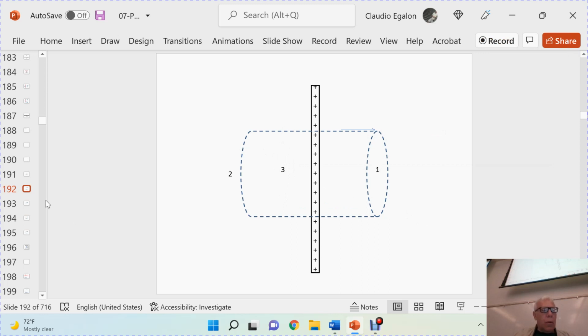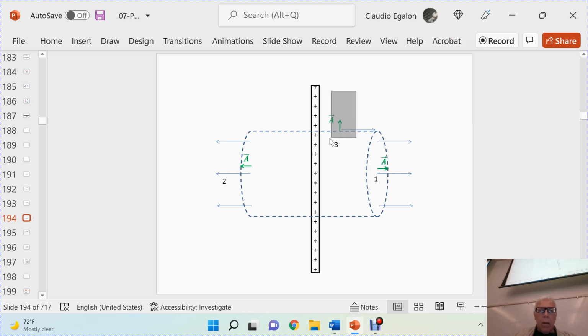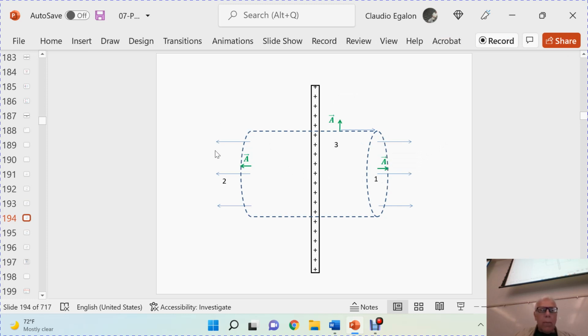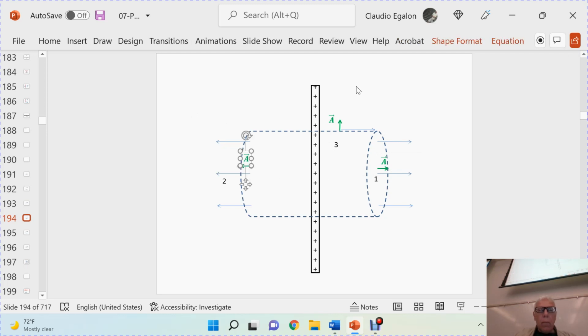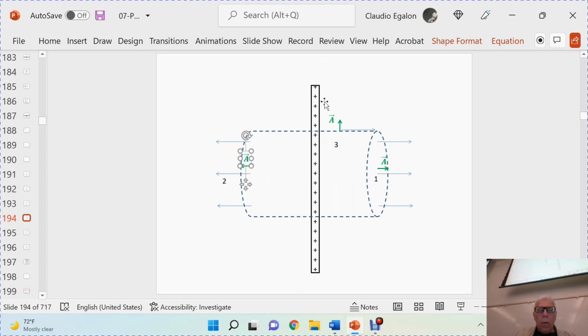And now I'm going to put the vectors there. Vector A1, vector A2. Oops, one more.